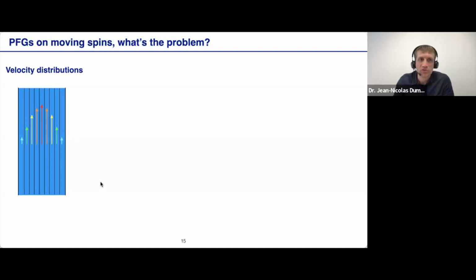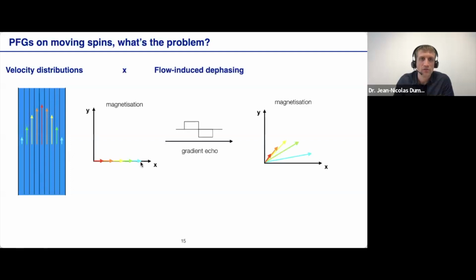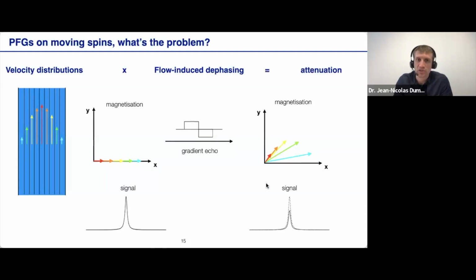And this distribution of velocity results in a distribution of phases at the end of the gradient echo. And so it's not just now a dephasing, but a distribution of phases that will result in an attenuation of the signal. So basically, one effect is that if gradient pulses are applied on spins that are moving, then it can result in an attenuation of the signal.